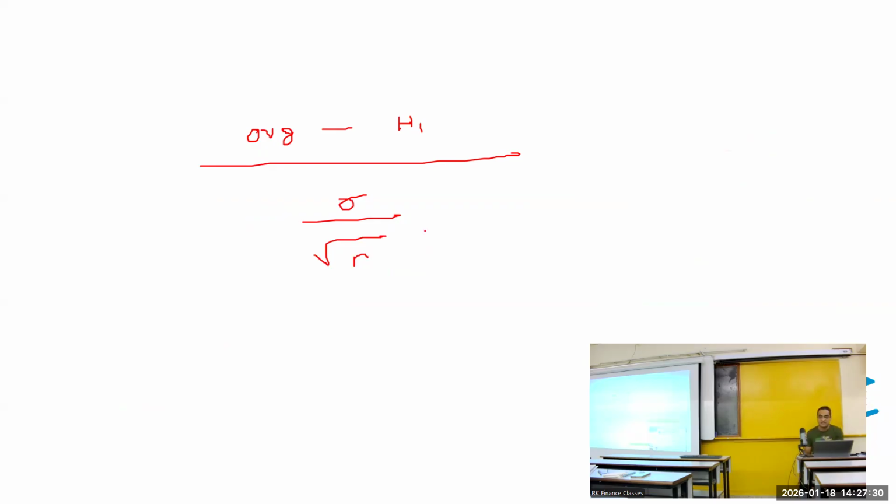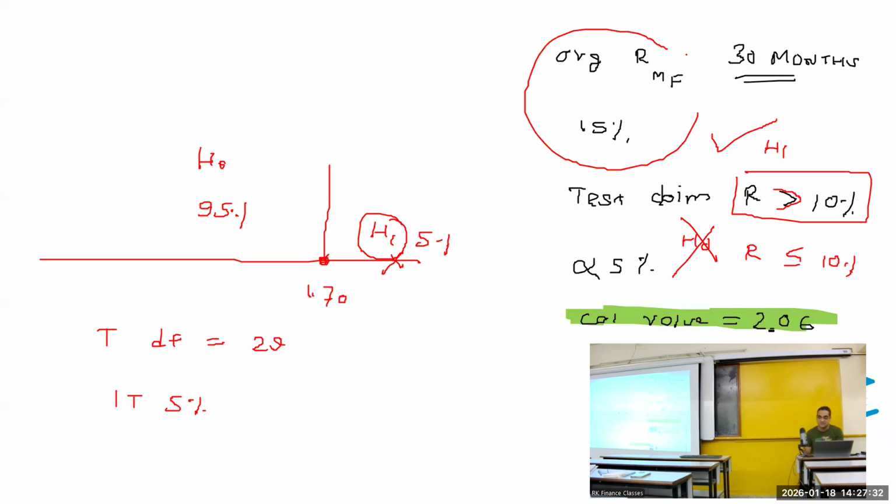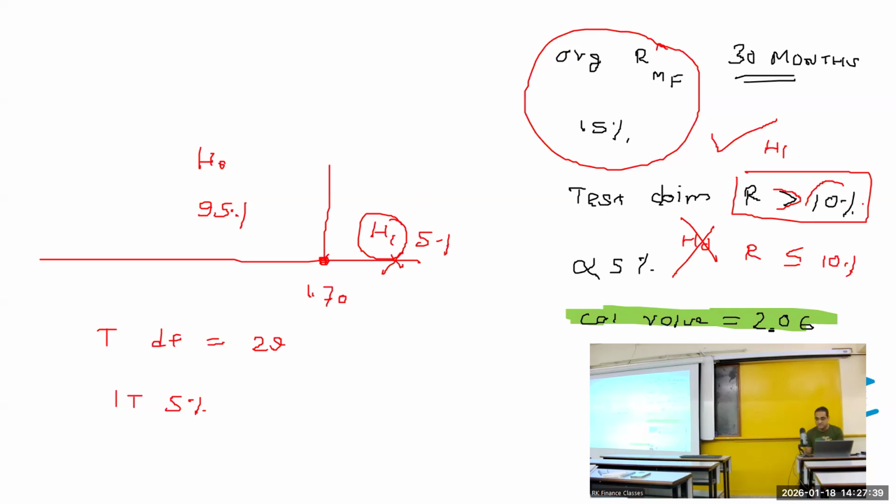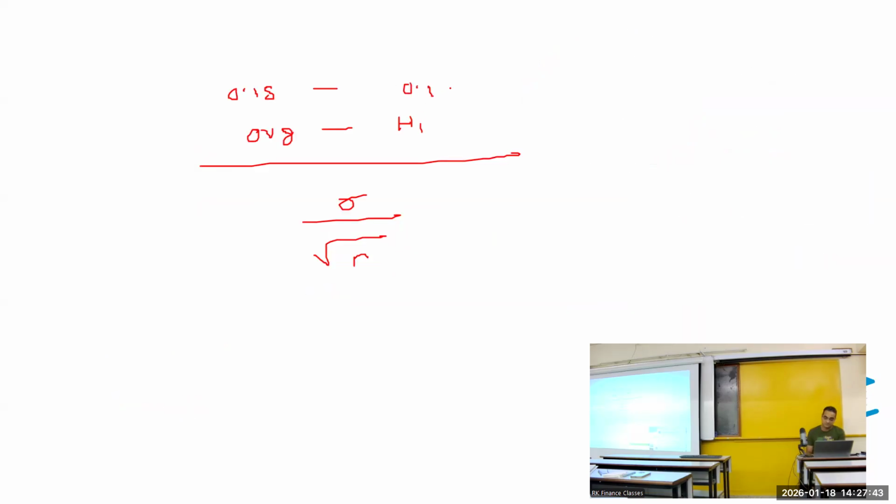But I gave the average value, which is 15%, minus value in the H1, this 10%, divided by sigma, which was not given, and divided by square root of 30. So you couldn't calculate the calculated value because sigma was not given to you.